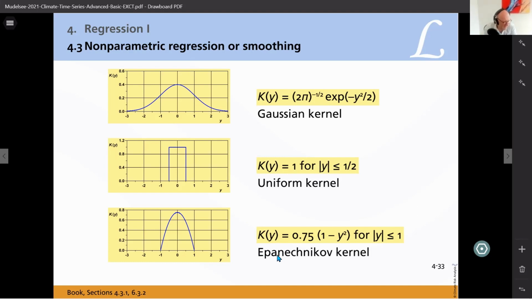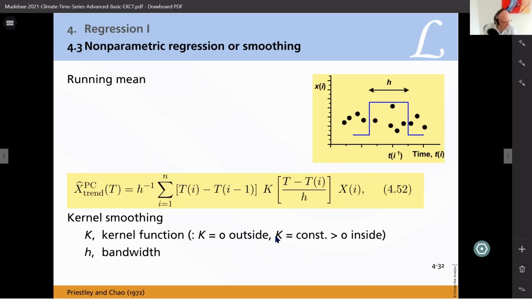Why is that easier? Well, if you go back to the formula, if the kernel is a smooth function, that means without bends and jumps, then the estimate as well is a smooth function. And smooth is easier to sell.